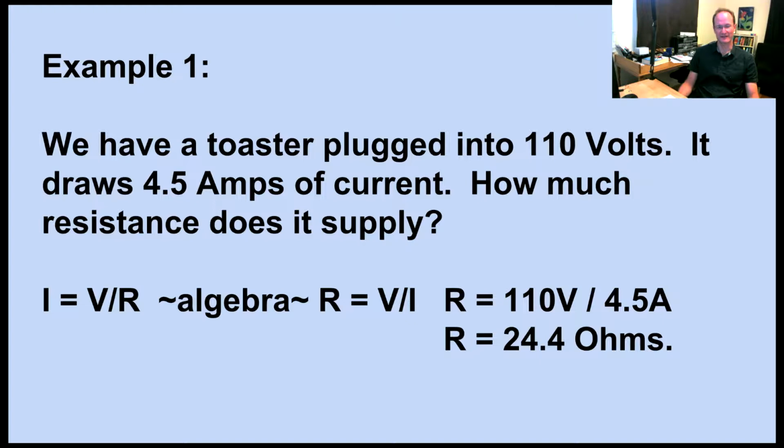When I plug in my numbers, 110 volts divided by 4.5 amps, I get that the resistance necessary to make that toaster work was 24.4 ohms. And that's pretty low, right? You might notice that a toaster has low resistance and gets really hot and is dangerous. More safe things are going to have much higher resistances.